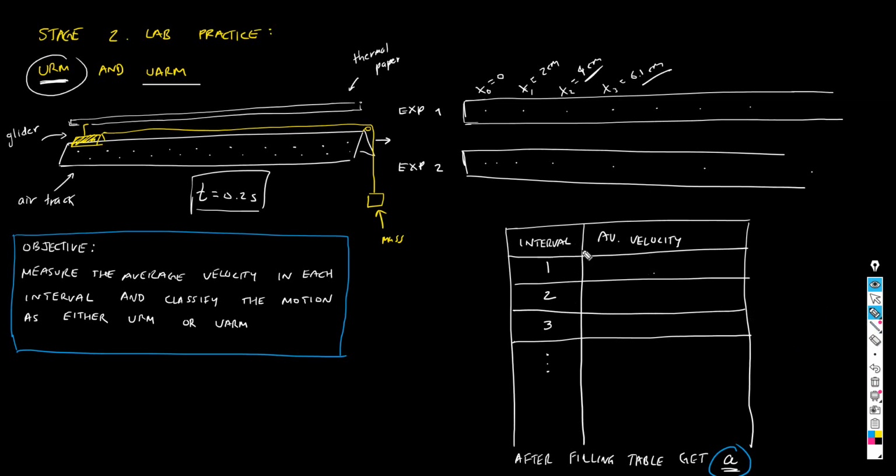Let's suppose that during the first interval, the average velocity is 1.5 centimeters per second. Let's suppose that this is the final result for the first interval. Since this is uniformly accelerated motion, what you should see more or less is that this quantity increases by the same amount.